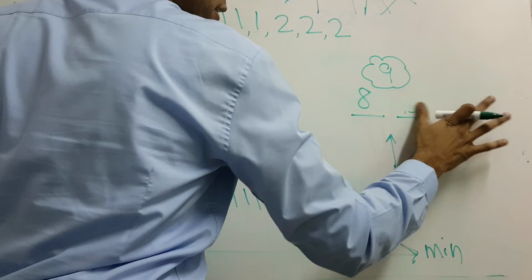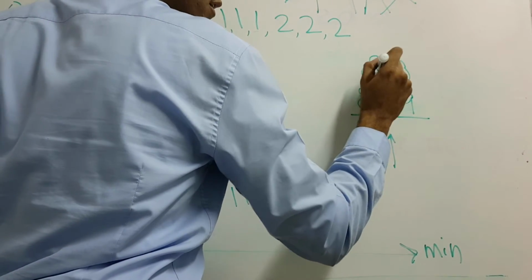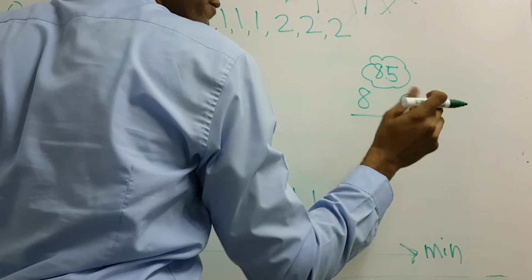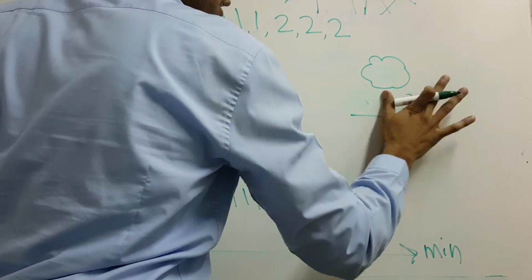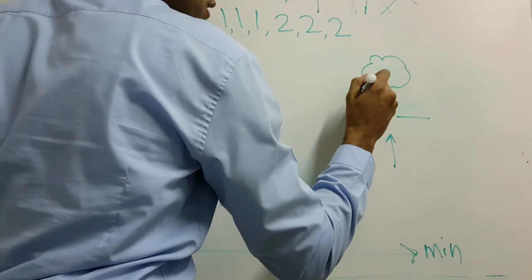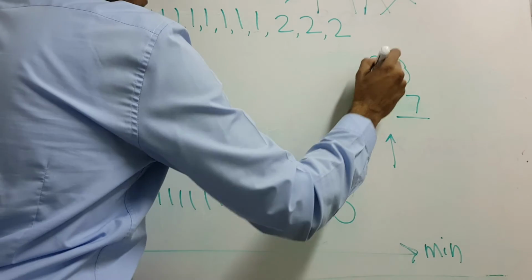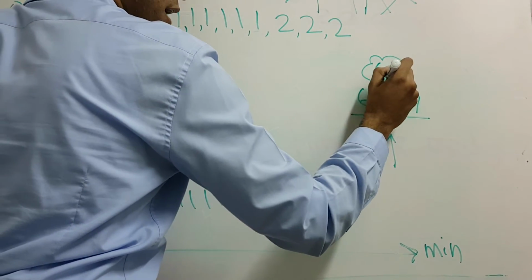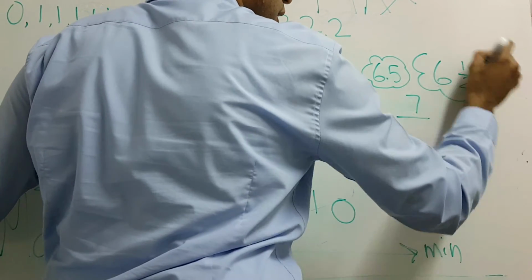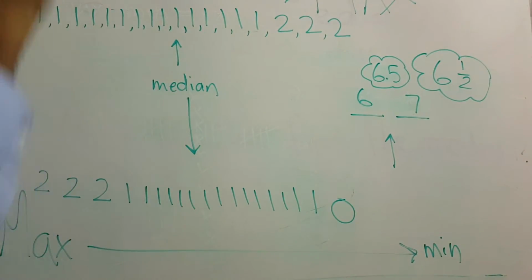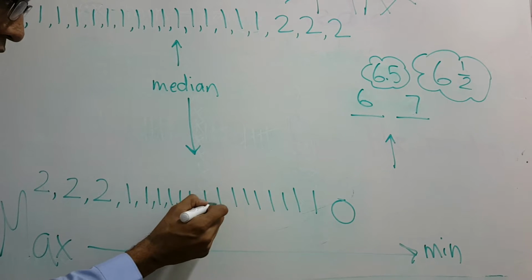If I had an 8 and a 9, the median would be 8 and a half. If we had a 6 and a 7, what would the median be? It would be 6 and a half. Or I can write it like this, 6 and a half.